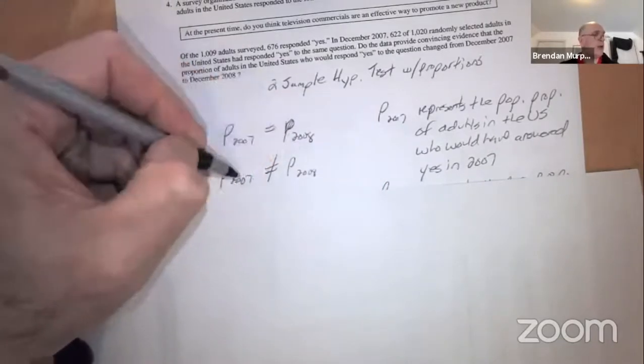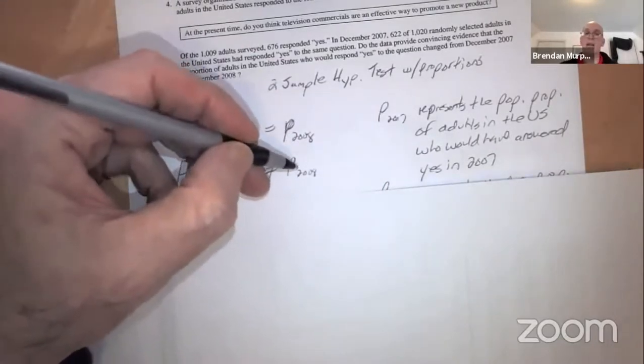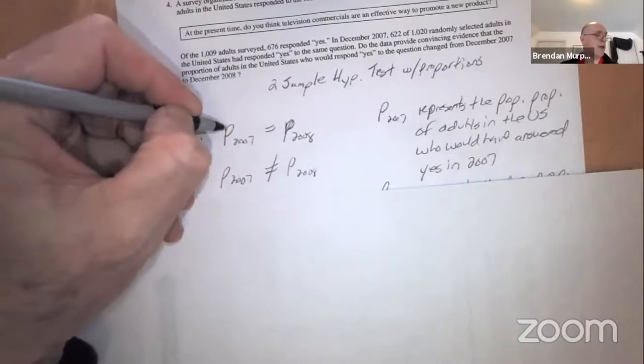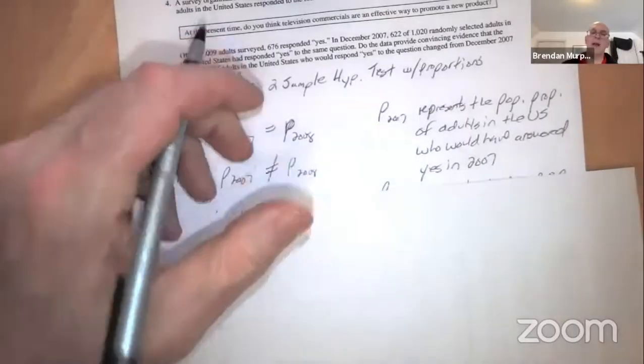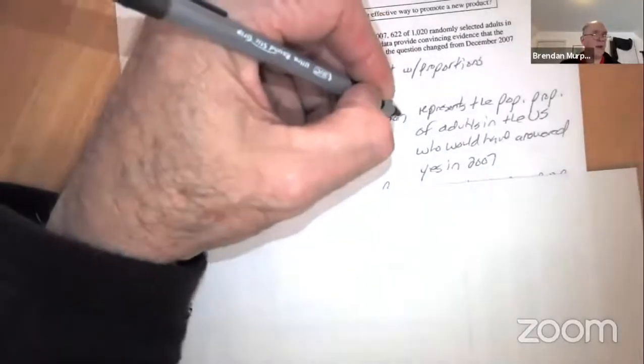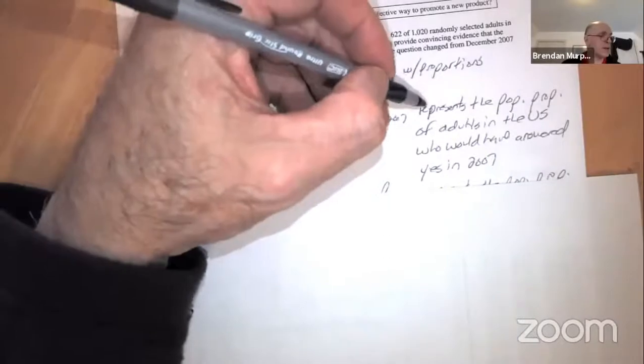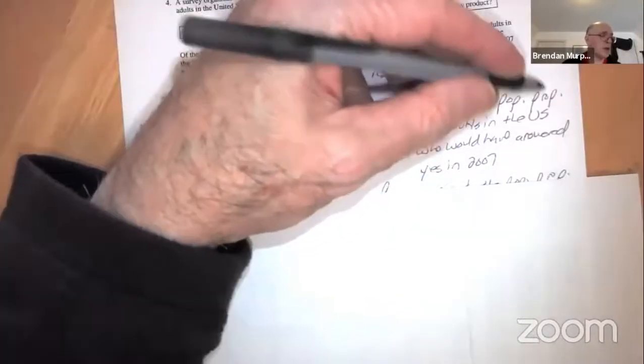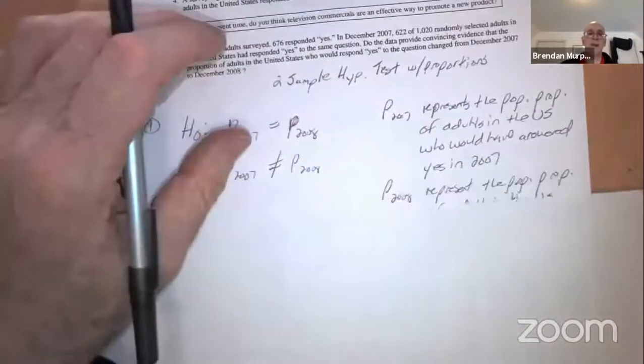Again, I spent a good part of my summer that year working on this problem. If students had put in those numbers here, we felt that was enough to define the population parameter. But let's get real. Let's write really strong answers here. And so over here, I'm going to define that parameter. P of 2007 represents the population proportion of adults in the United States who would have answered yes to that survey question in 2007.